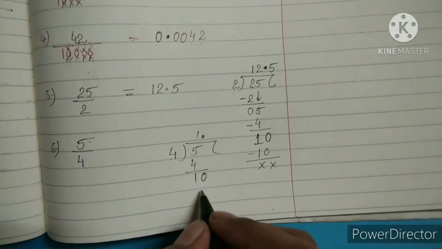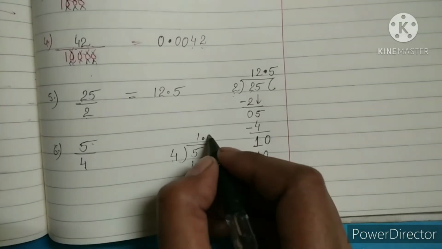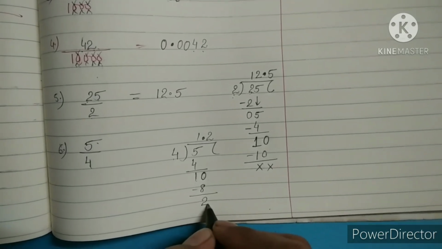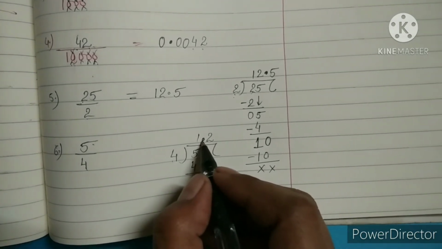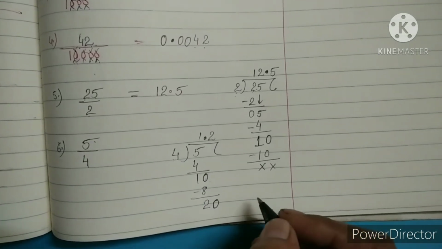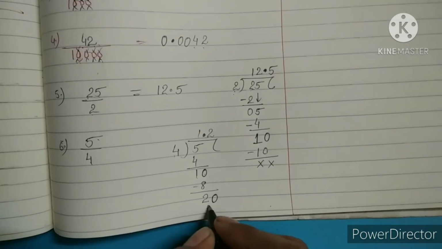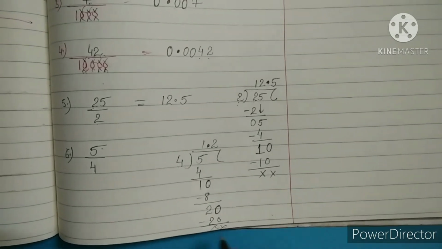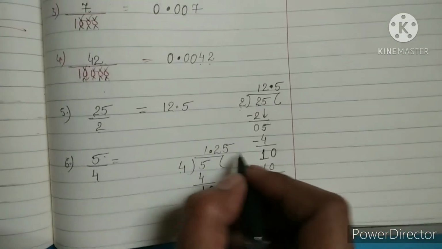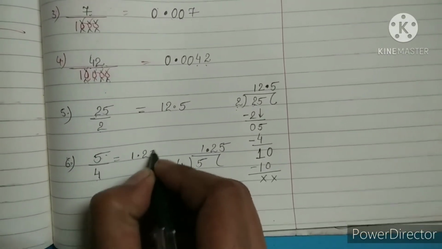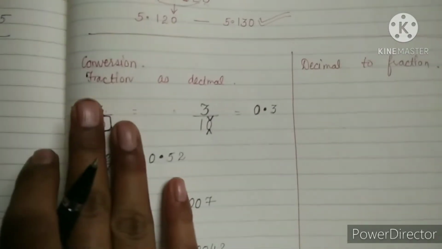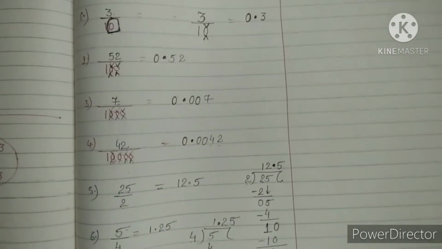Now 4 2s are 8, 10 minus 8 is 2. We already put the decimal here, so we can put 0 where we want. Now 4 5s are 20. It means 5 by 4 in decimal is 1.25. This is the conversion of fraction to decimal.